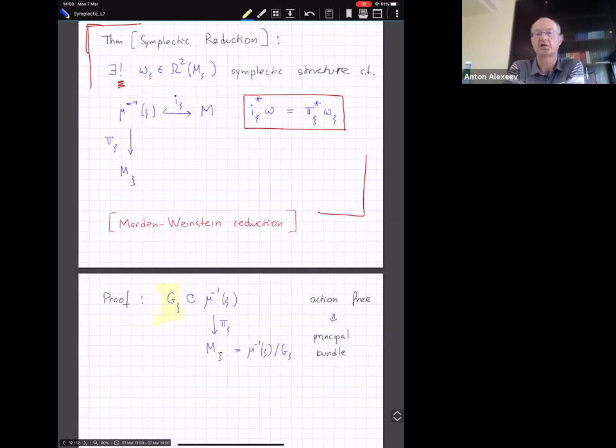So the fiber is the total space of the principal bundle, and the reduced space is the base.